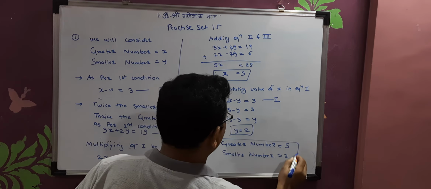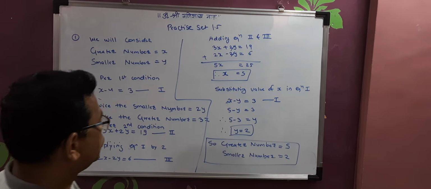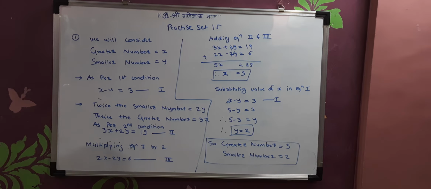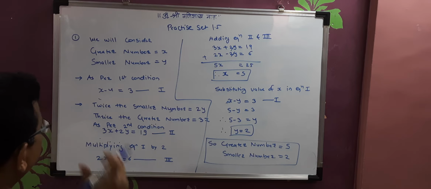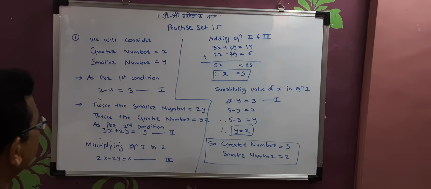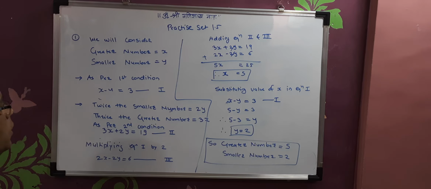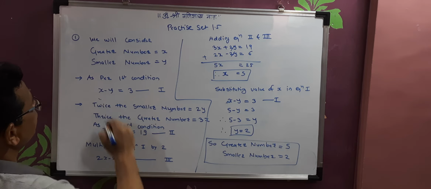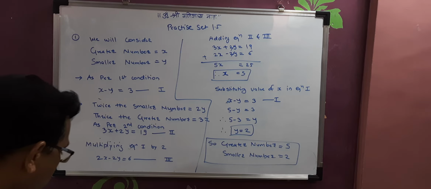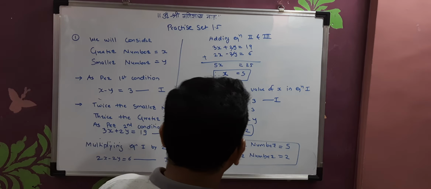This is the answer of this question. Hope you understood this problem. This is an example of application of simultaneous equations. We have to assume some certain things and we have to calculate the value of x and y for getting the answer. So we will move further.